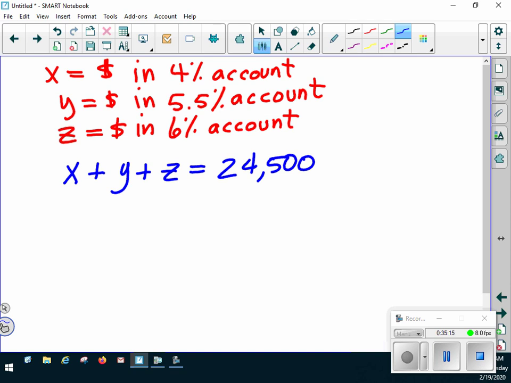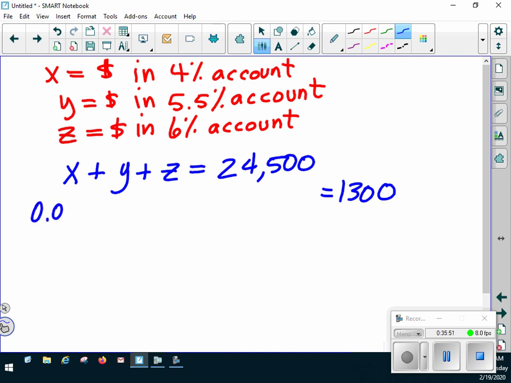Now, we're going to the next piece where it says at the end of the year she had made $1,300 in interest. So I'm going to have something equals $1,300. You've got the right idea on the 4x, but because that's percent, 0.04. She's going to earn 4% on all the money she's got in this first account.